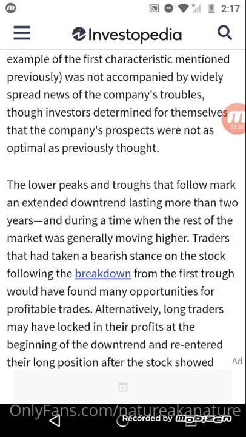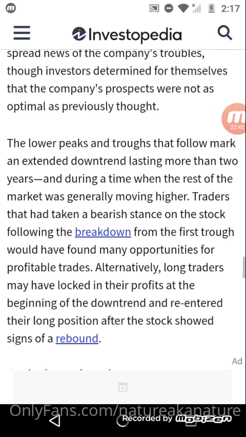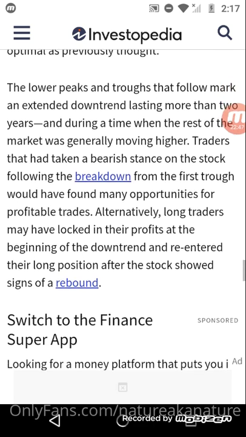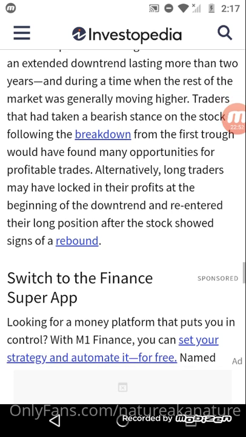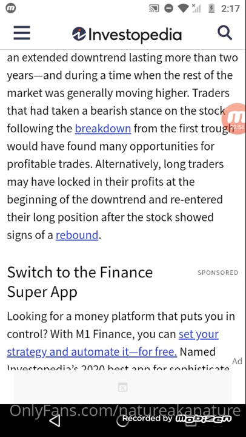The traders that had taken a bearish stance after the breakdown from the first trough would have found many opportunities for a profitable trade. Ultimately, long traders may lock in their profit at the beginning of a downtrend and re-enter their long position after the stock shows a sign of a rebound, a trend reversal. So this is really all that you need to know about downtrends.